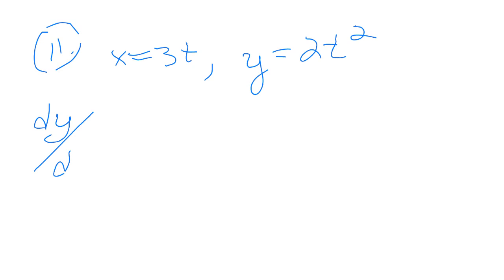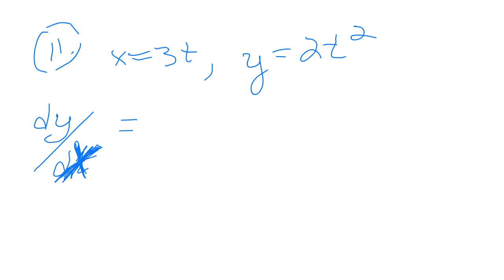But on number 11, we've got x equals 3t and y equals 2t squared. It says find dy/dx without eliminating the parameter.